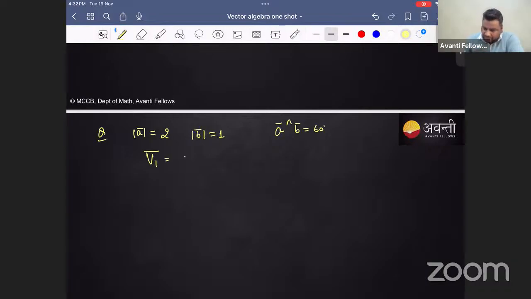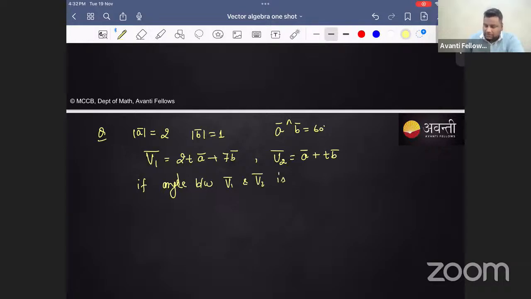Now there is a V1 vector that is 2t times vector A plus 7 times vector B, and a V2 vector that is vector A plus t times vector B. Now if angle between V1 and V2 is obtuse, find the range of t. If angle between V1 and V2 is obtuse, find the range of values of t. Yes, go through it quickly.